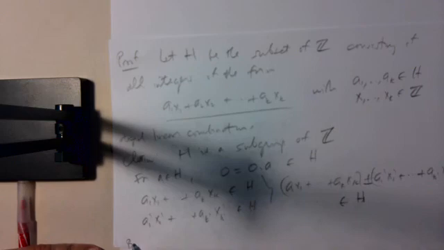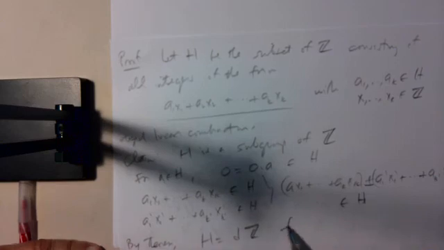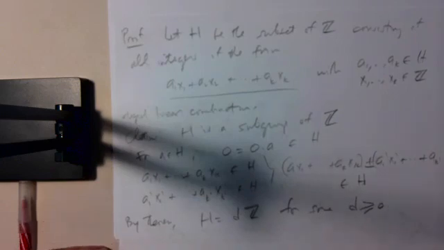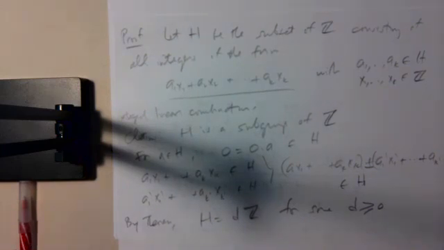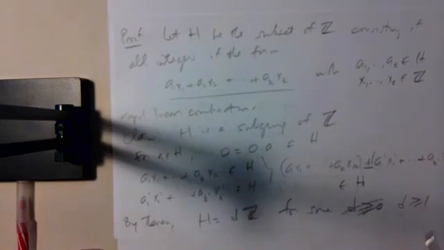So by the theorem we just proved, H is dZ for some d greater than or equal to 0. And D isn't equal to 0. If D were 0, H would be 0, and we took H to be a set that wasn't just 0. So in fact, we can say for some positive integer D.